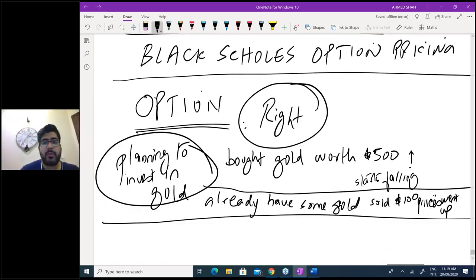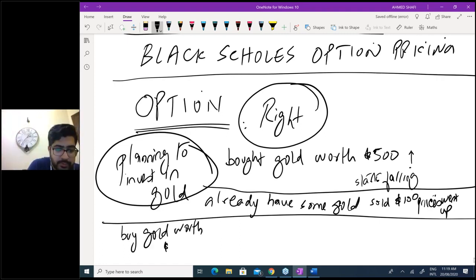There is a market called the options market, in which you can do one thing. You want to buy gold worth $500. You don't go and buy gold. You just go to any financial institution offering these types of services and tell them, I don't want to buy gold worth $500.